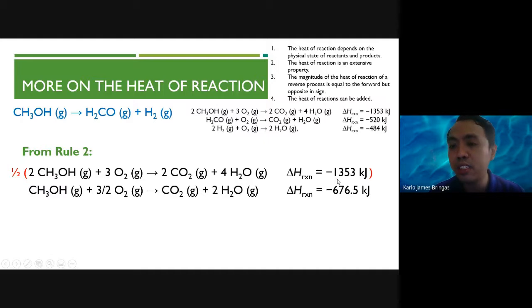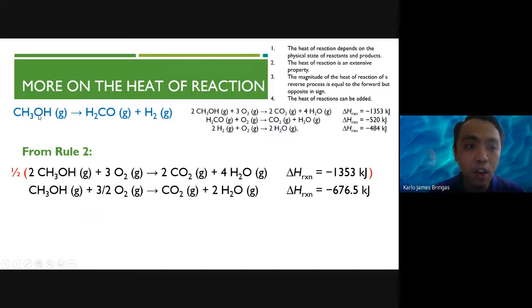So we just have this value over here, the negative 1353, and we divide it by 2 as well, which is how we were able to get negative 676.5 kilojoule. So doing that, this new thermochemical equation already has the CH3OH that we need para matumbok natin itong target na equation.